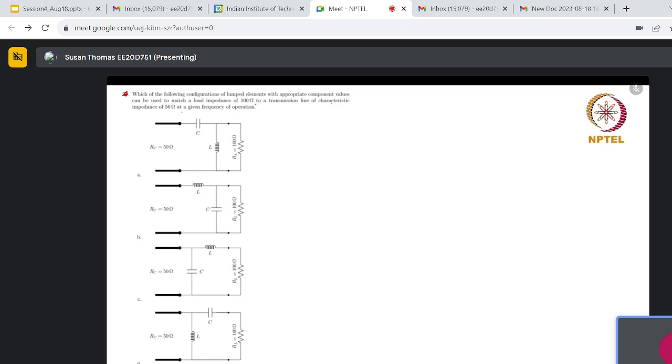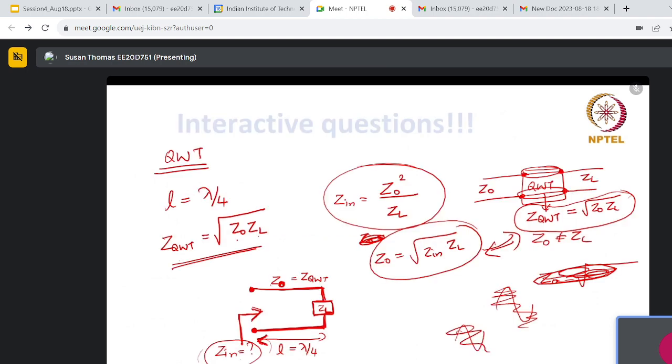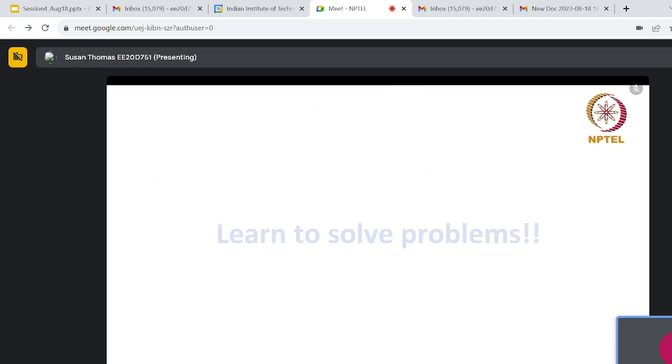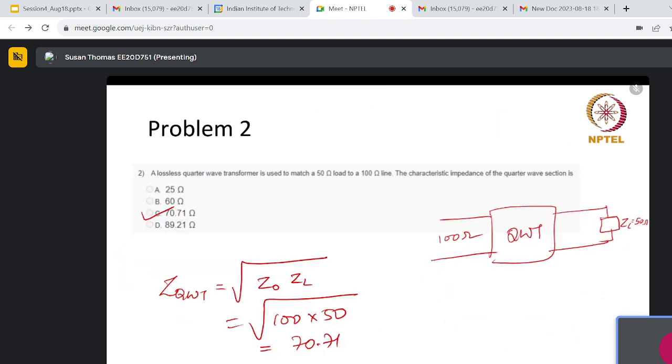I think this is based on the very first statement which I made about the LC network. If you remember clearly, based on these conditions, we decide what kind of LC network could be used. So, can you please attempt this question based on that idea?